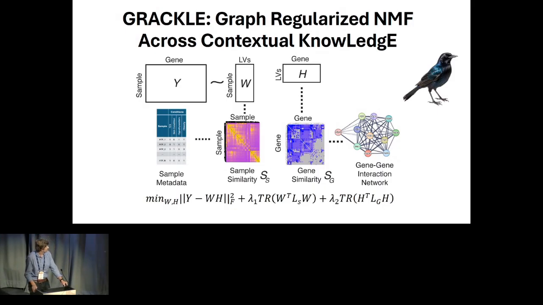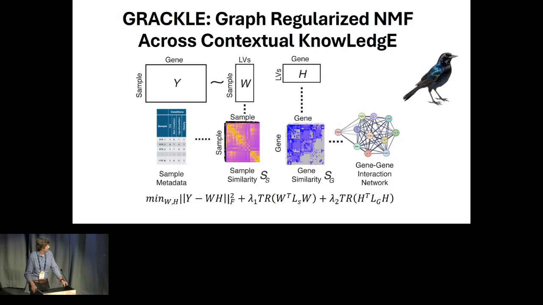And so what this algorithm does is it adds two regularization terms to the loss function that will regularize the sample and gene latent spaces. For the samples, a sample similarity that could be based on the clinical metadata, and for genes, a gene similarity that could be based on some gene-gene interaction network or protein-protein interaction network or gene regulatory network.